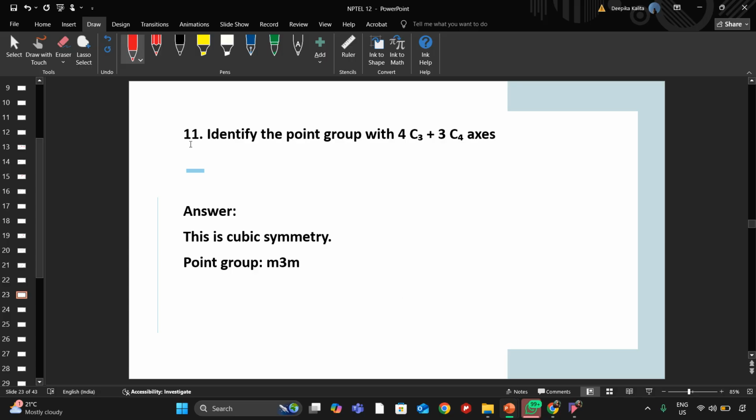So the symmetry point group which will be associated to it is basically written as m3m.